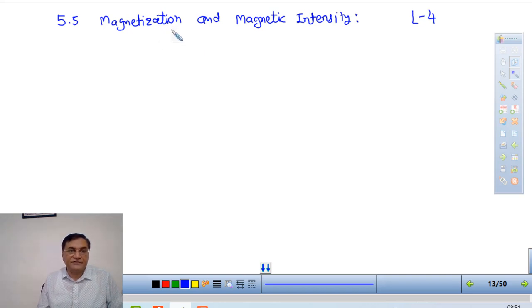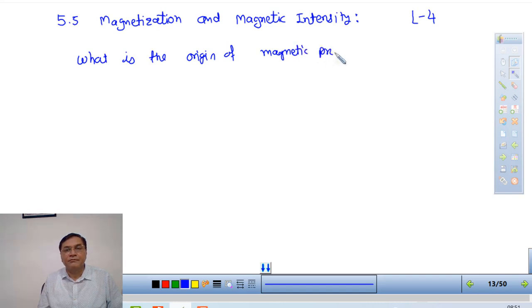So why magnetization first of all? What is the origin of magnetic property? If you see a current loop, you can say the current is flowing in the loop, so it gives the magnetic field. But if it is a solid, then you cannot see any current, and even it shows the magnetic property, suppose a permanent magnet.